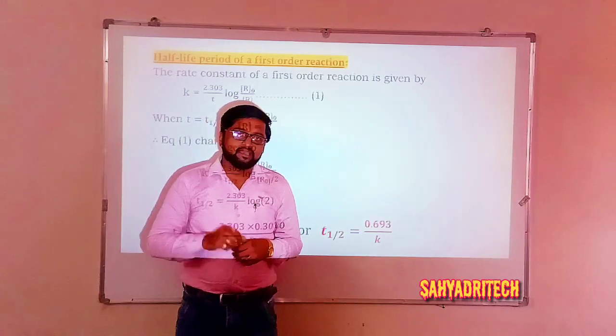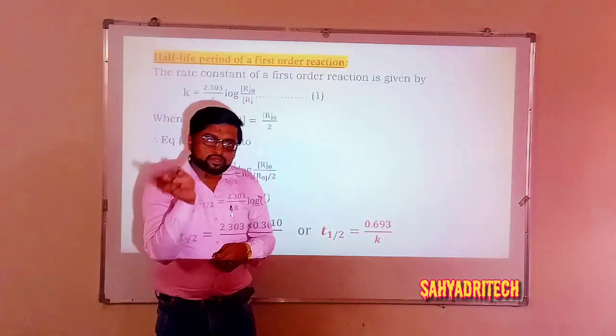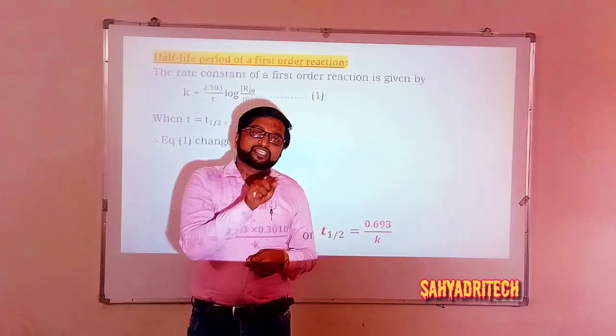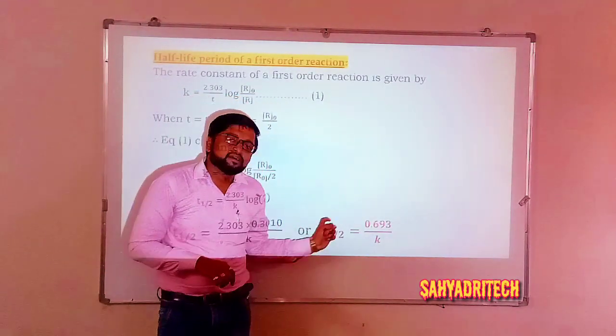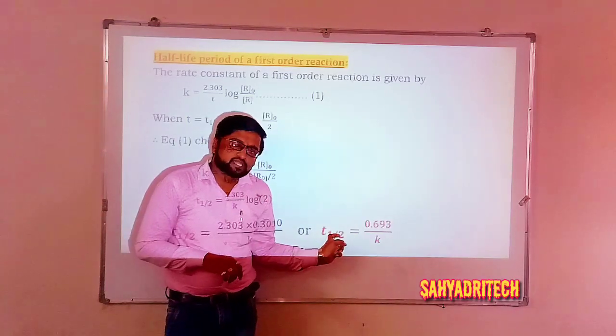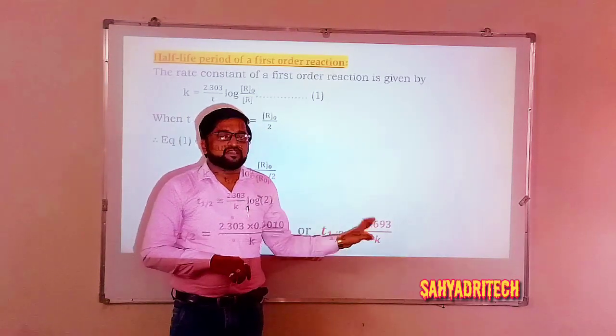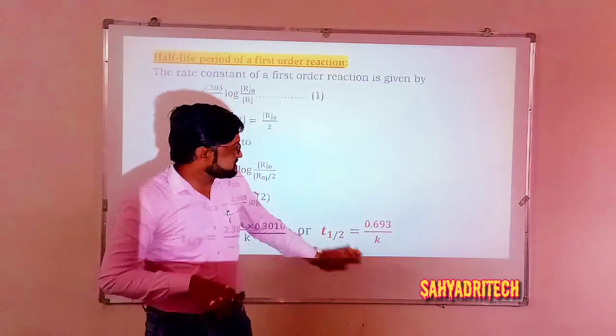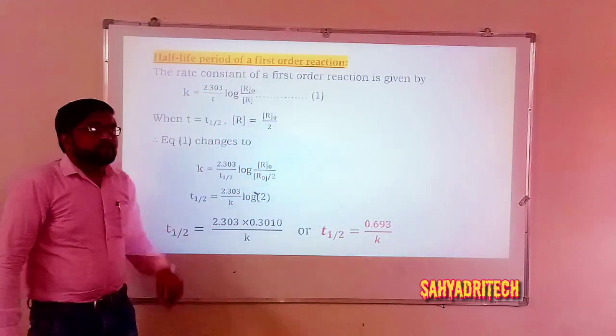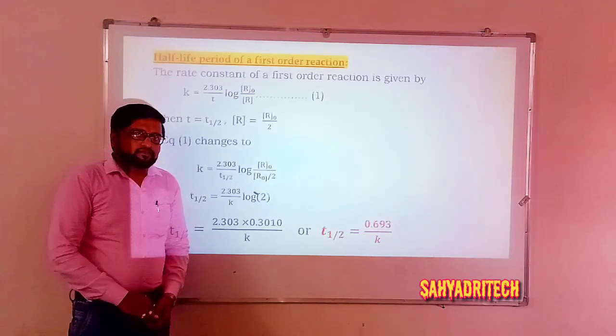In the sense, I can say the half-life period of a zero order reaction depends on the initial concentration of reactants. But what about first order? The half-life period of a first order reaction does not depend on the initial concentration of reactant species. So it is regarding the half-life period of a first order reaction.